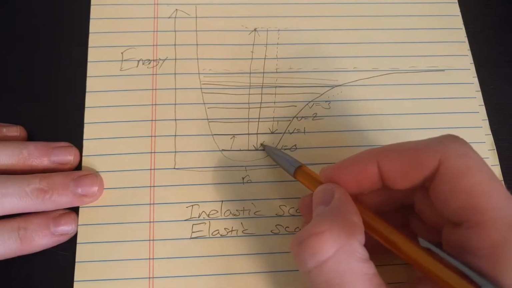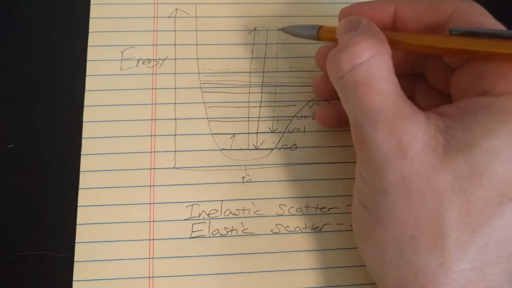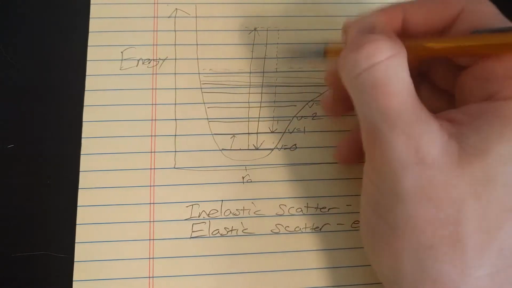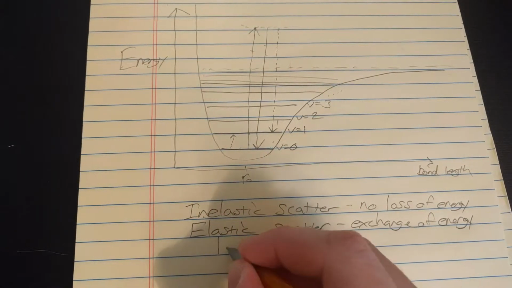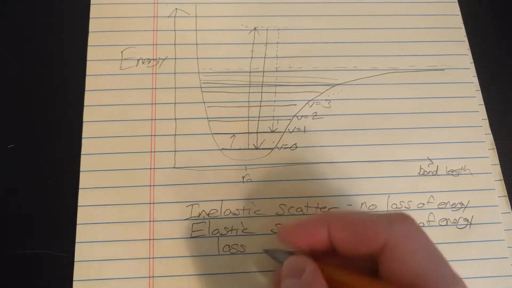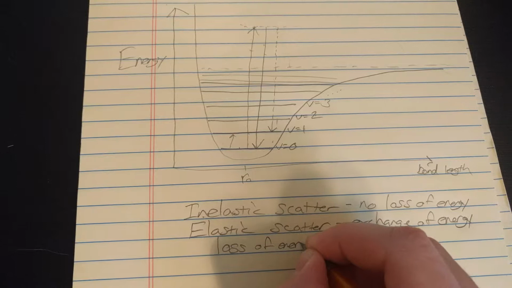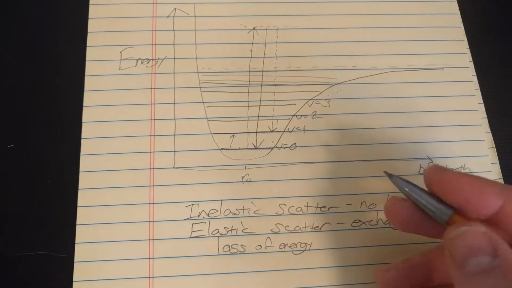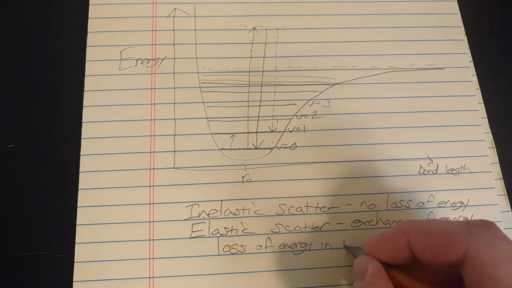So notice, if this first arrow here is incoming radiation, and this dotted arrow here is your outgoing radiation, well, your outgoing radiation lost energy. So a loss of energy with respect to the incident beam.